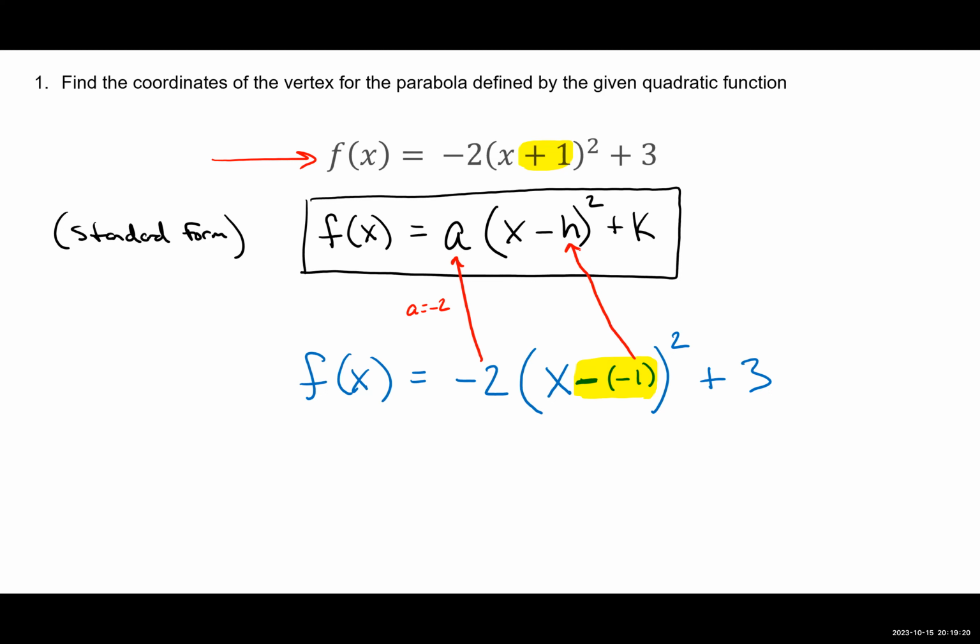There has to be a minus sign. And H is the number that comes after the minus sign. So H is -1. K is the number that comes after the plus sign. So you need a plus sign out there. So K is equal to 3.